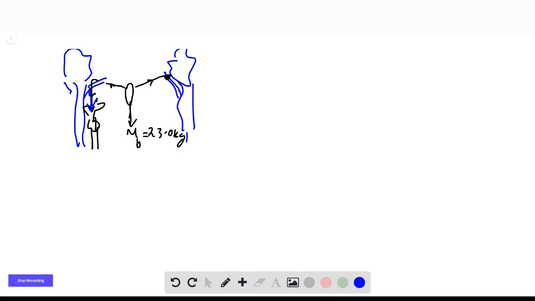The angle that the bag makes with the horizontal, if you think about this angle right here, we have to emphasize the angle.